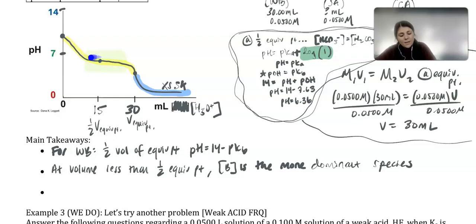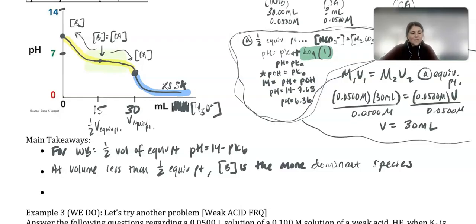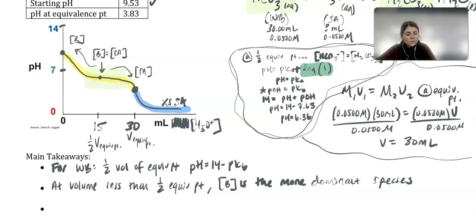You're going to have more of the base, okay? Just because we know at this point right here, weak base equals conjugate acid. So anything to the left, you'll have more base, and anything to the right will be more conjugate acid. Till we get to this point right here, we will just have conjugate acid. But we don't need to annotate to this point. I'm just trying to talk about main points.